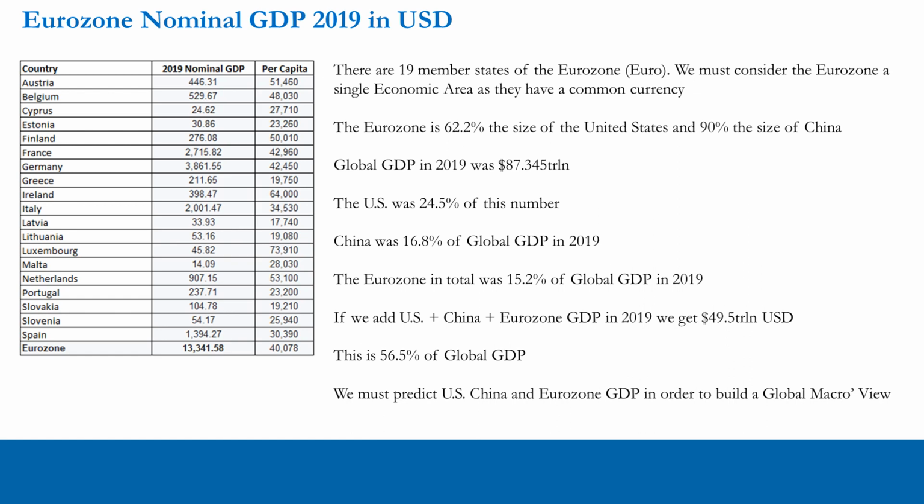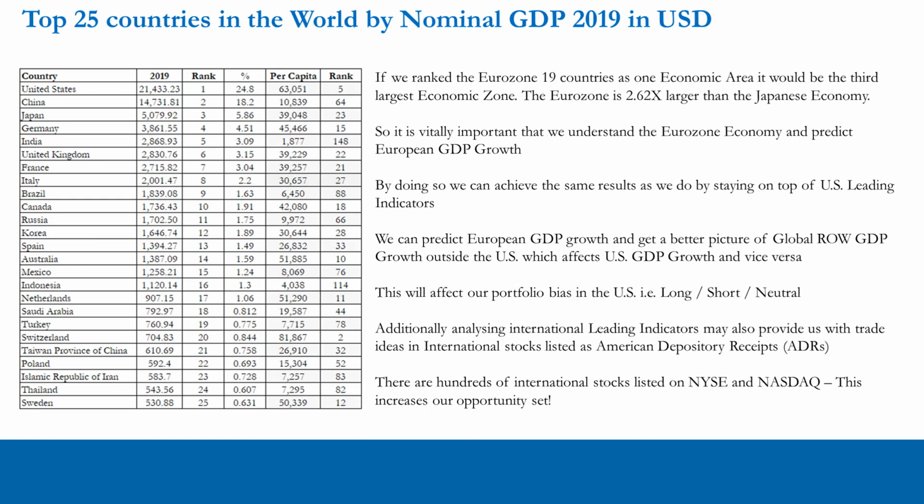Now, in terms of context, if we look at Europe versus a list of the top countries in the world by nominal GDP in 2019, we can look at the Eurozone in comparison to the GDP of every country, and actually the constituents of Europe as well.